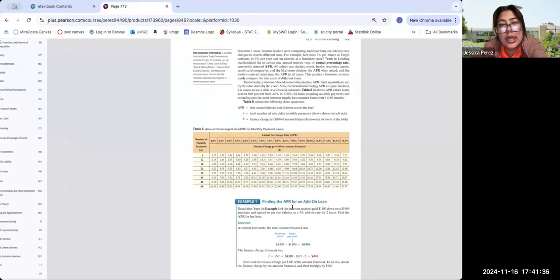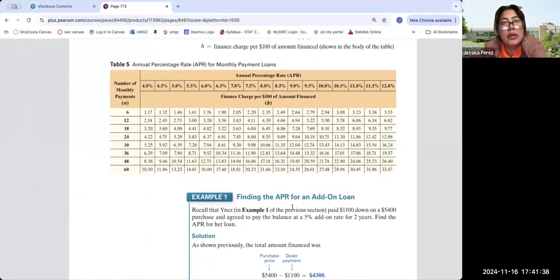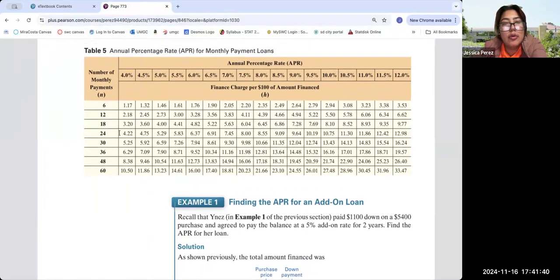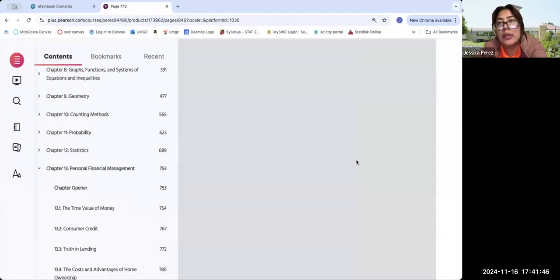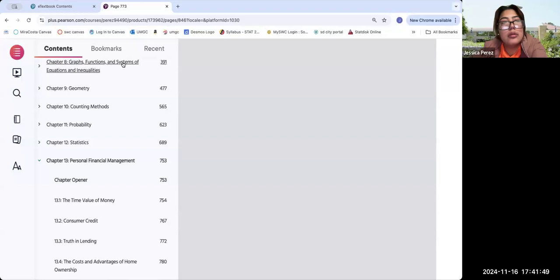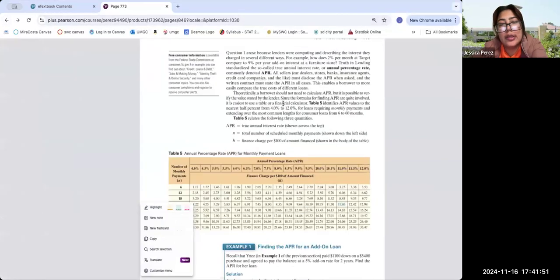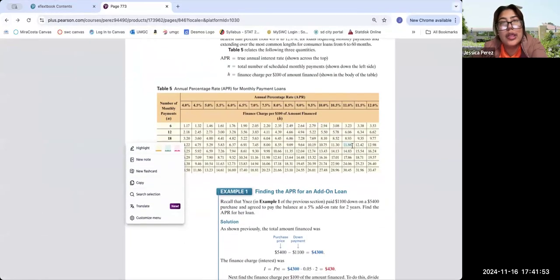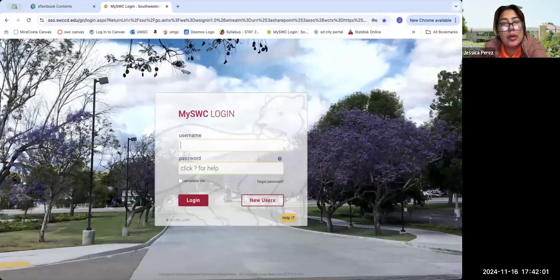This is the APR table. You're looking for 24 months, and the closest one was 11.86. There's the APR, 11.86, which means 11%. I will share this APR table with everyone so you can have it as well.